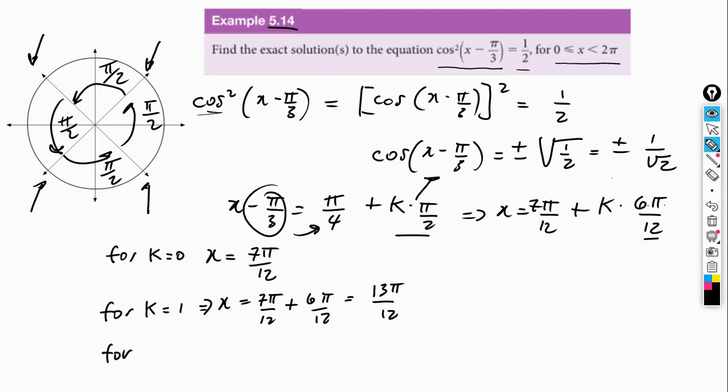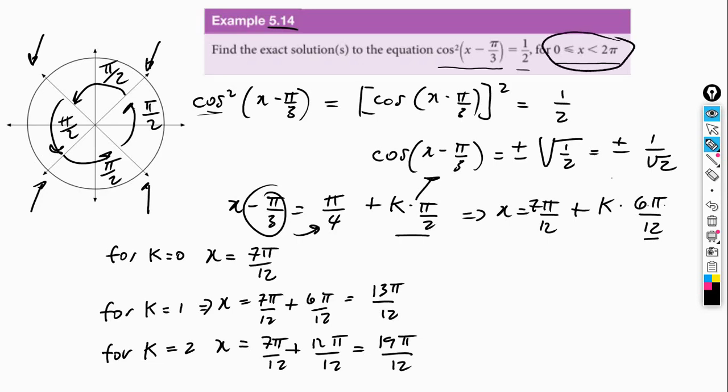For k equals 2, x would equal 7 pi twelfths plus 12 pi twelfths, which is going to be 19 pi over 12. And notice that all these answers are still within the domain for x because they are greater than 0, but still less than 2 pi.